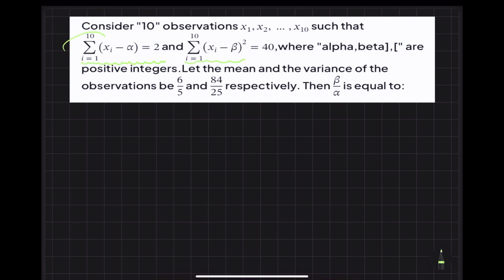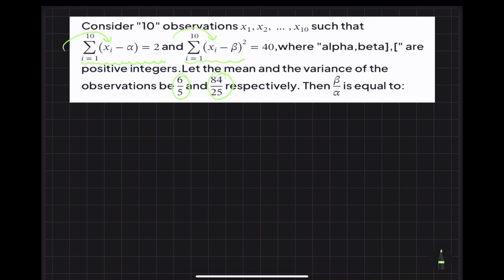In this part they have used alpha, in this part they have used beta, so you have to solve this question separately. Then they have given you the mean and the variance. You need to find the value of alpha and beta, then find beta by alpha.